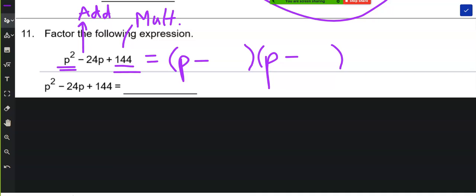That is the only way you're going to get a positive product: to have two minus signs and a sum which is negative. Obviously, if the sum was positive, then we would have both positives. Okay, you come up with the numbers. What multiplies together to give us 144 but adds up to 24?